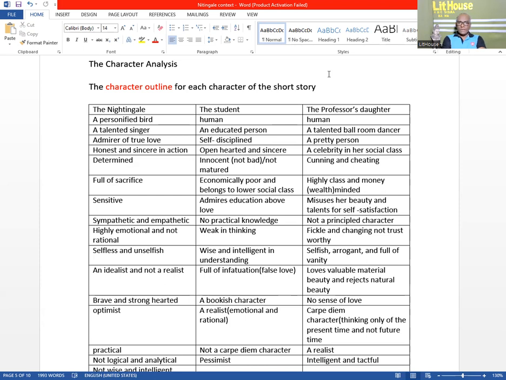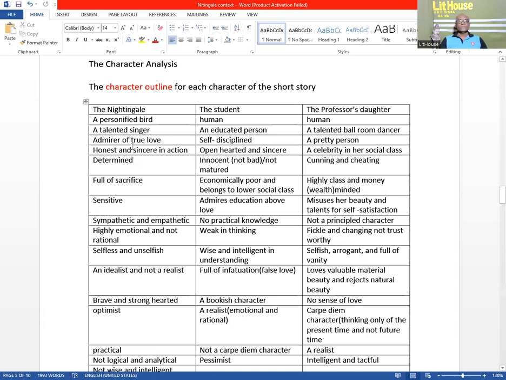Pleasant, P-L-E-A-S-A-N-T, which are pleasant to the mind.